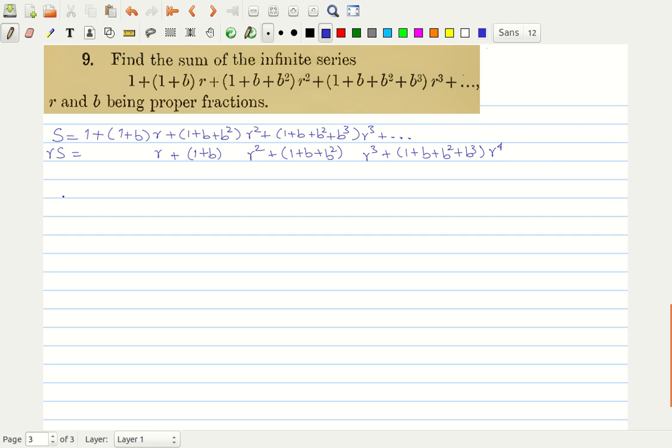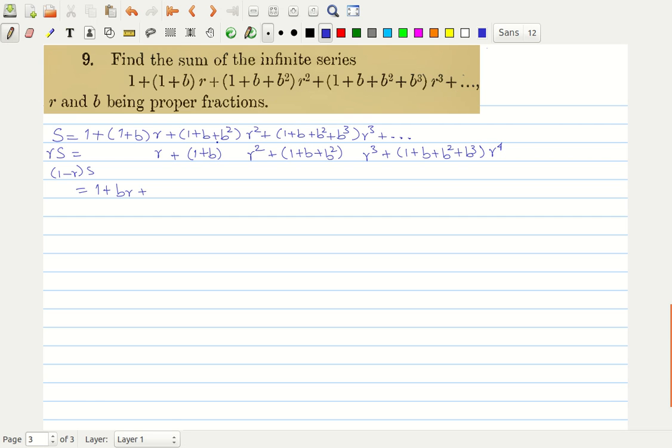So we subtract these two terms. On the left hand side we get (1 minus r) times S, and on the right hand side we get 1 minus 0, which is 1, plus (1 plus b) r minus r, this is simply b r, plus (1 plus b square) r square minus (1 plus b) r square.